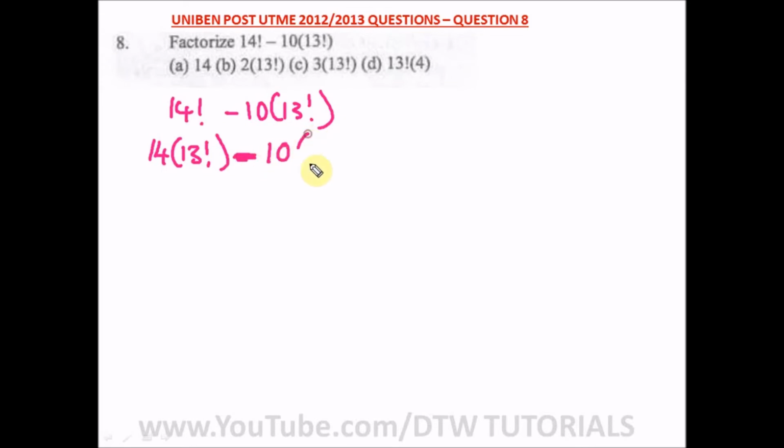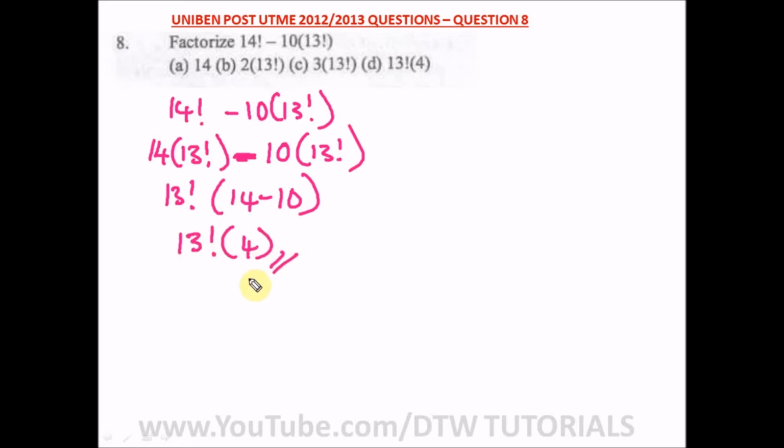So we have 10 bracket 13 factorial. We can just bring out 13 factorial. So we have 13 factorial bracket 14 minus 10. What's 14 minus 10? That will give us 4. So we have 13 factorial bracket 4. We simplify this, and our answer is option D.